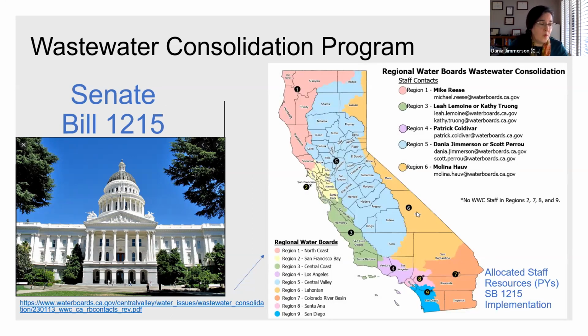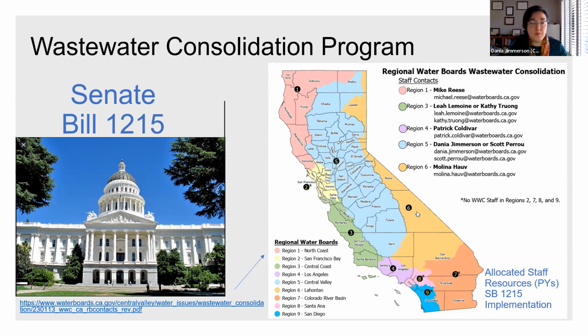Knowing what regions have been allocated staff resources to implement Senate Bill 1215 is very helpful information, because it means that you, as a technical assistance provider, can coordinate your efforts with regional board staff.